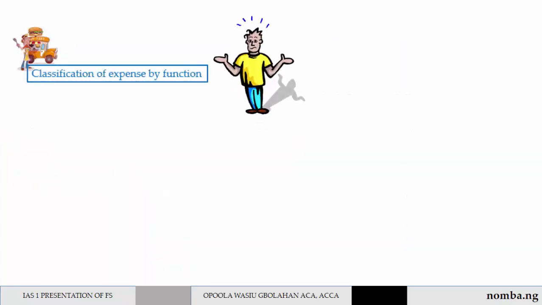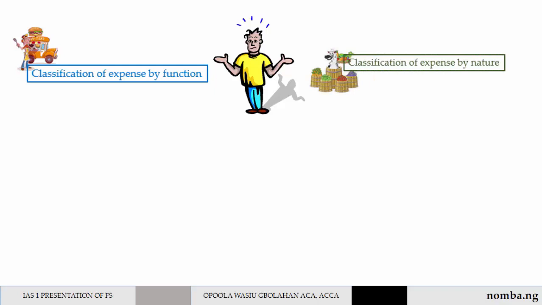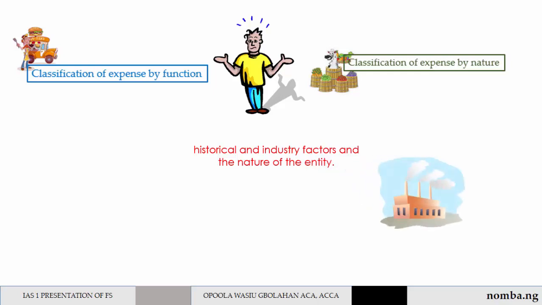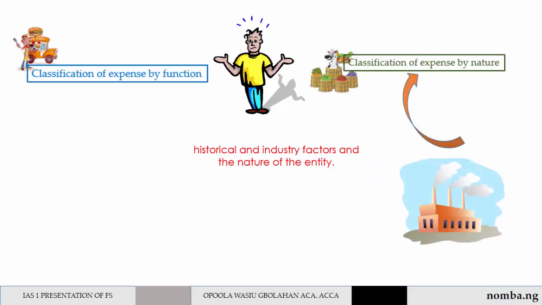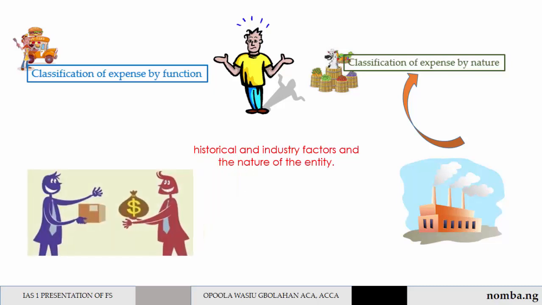And the choice between the function of expense method and the nature of expense method would depend on historical and industry factors and the nature of the entity. A manufacturing entity will most likely use the nature of expense method because they process raw materials to finished goods, while a trading entity will most likely use the function of expense method.